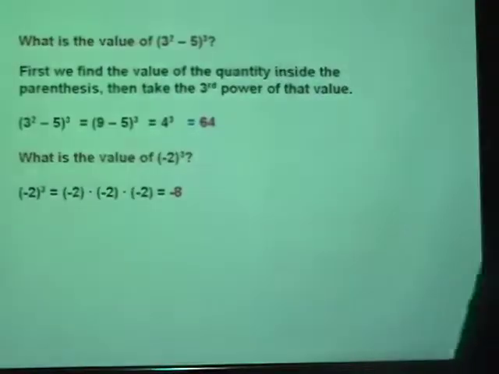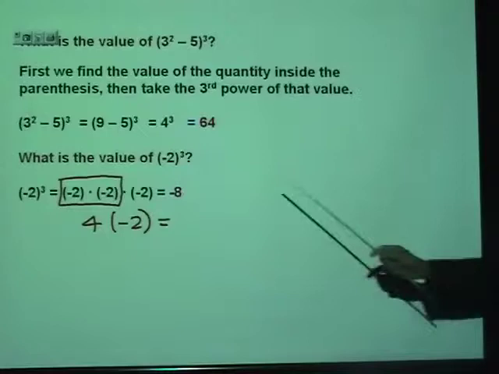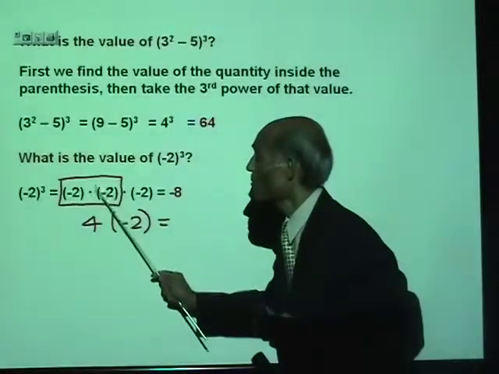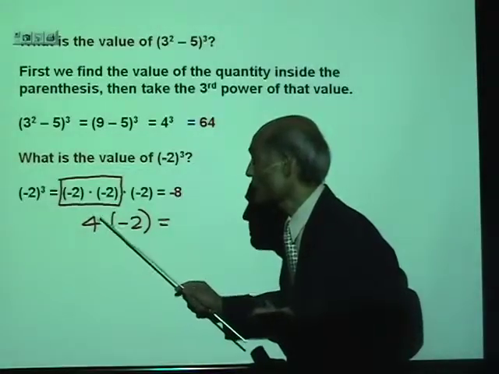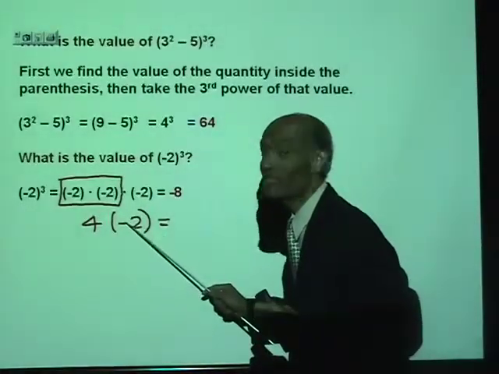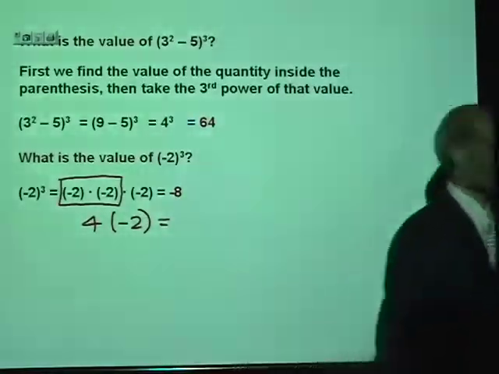Now, you must notice here that if you multiply the first 2 negative 2's, watch this. Negative 2 multiplied by negative 2 will be positive 4. And now you multiply that positive 4 with the negative 2. Is that right? So, negative 2 multiplied by negative 2 gives you positive 4, and multiply that positive 4 with the negative 2, the answer will be negative 8. Okay?